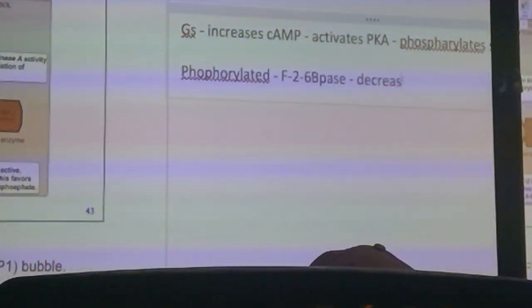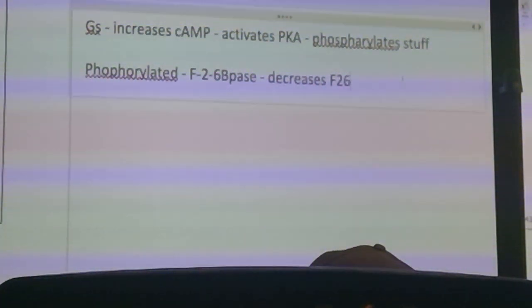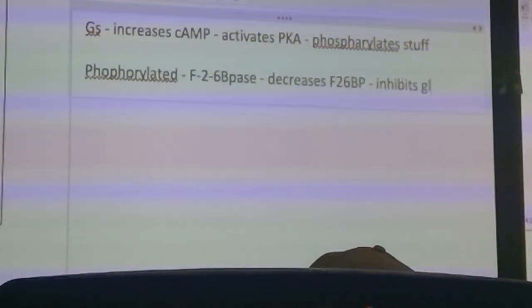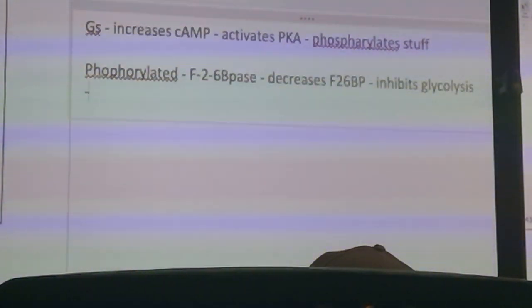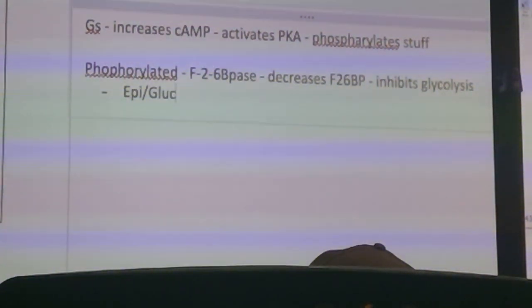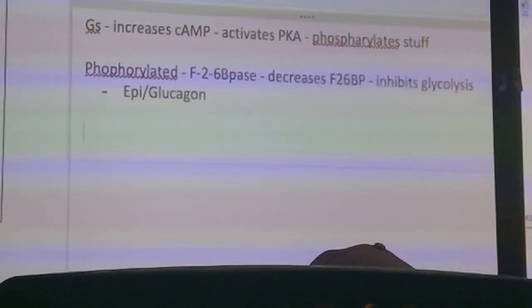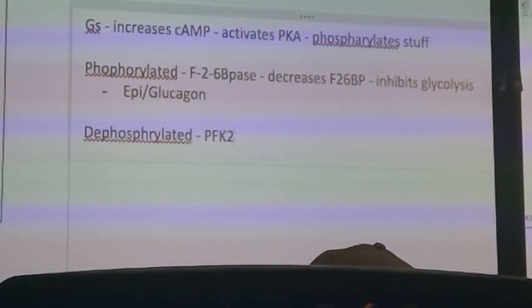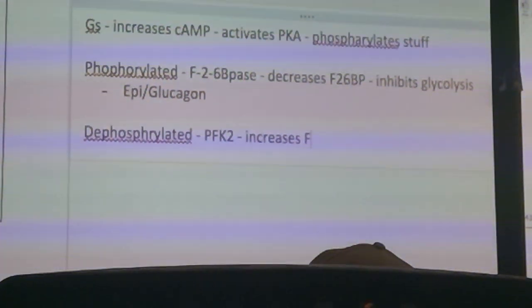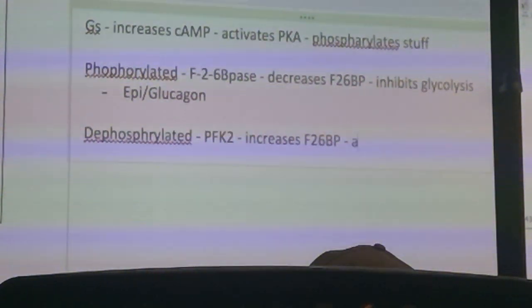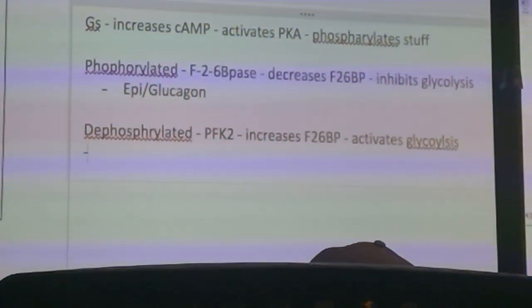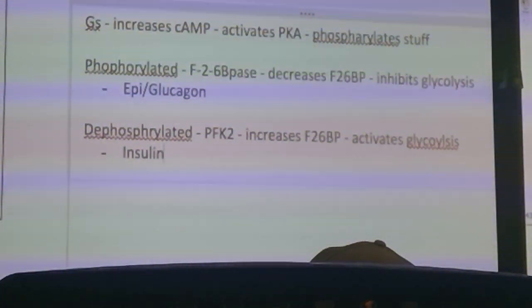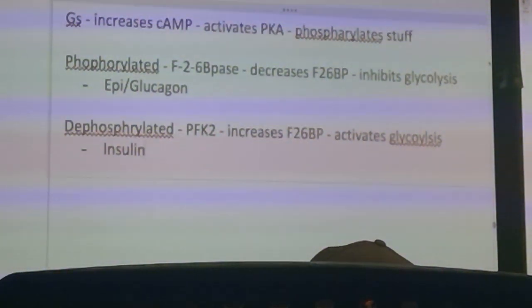That will decrease fructose 2,6 bisphosphate, and that inhibits glycolysis. Remember, this is epinephrine and glucagon. And that's just the opposite for insulin.